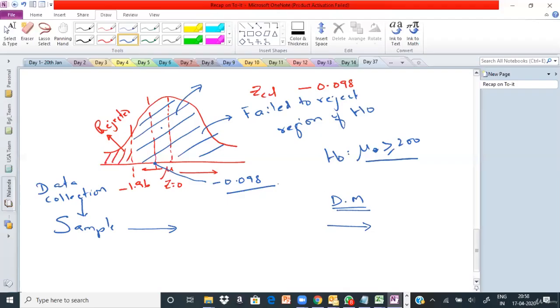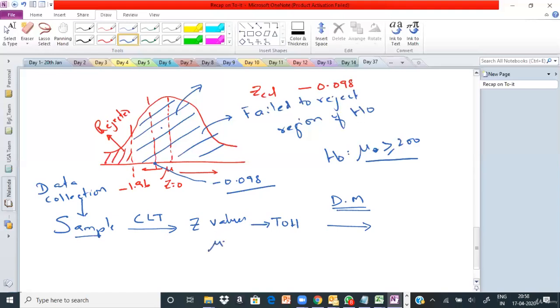Okay. When decision making wants to happen, then from the sample, using your central limit theorem, you translated the information into Z values. From the Z values, you went toward the test of hypothesis. Based on the Z values, you try to predict what will be my population mean.